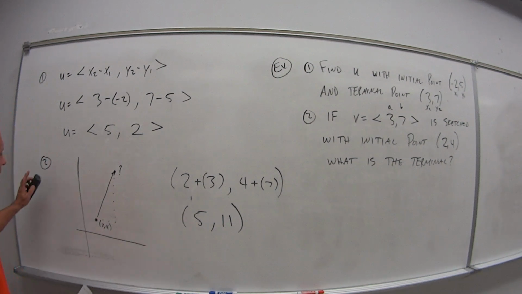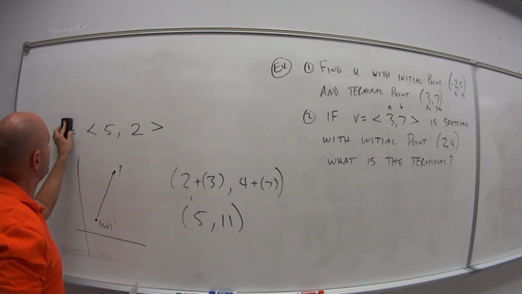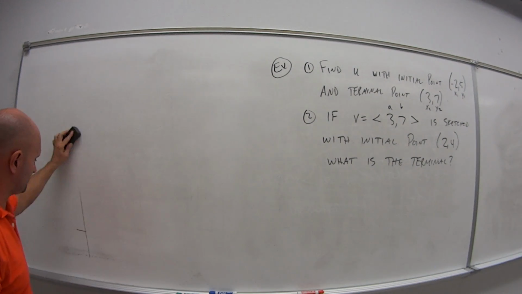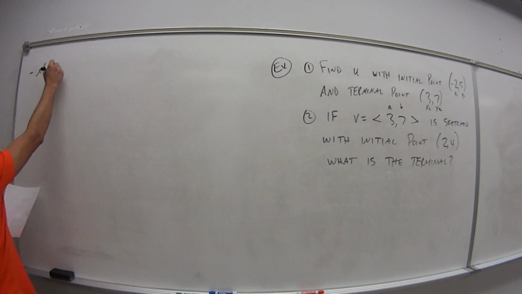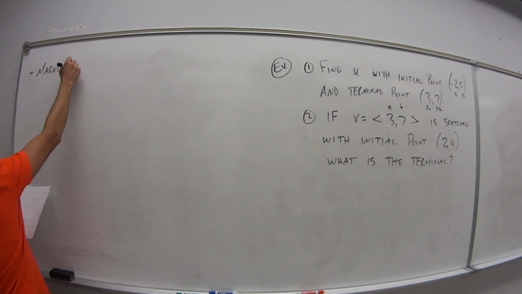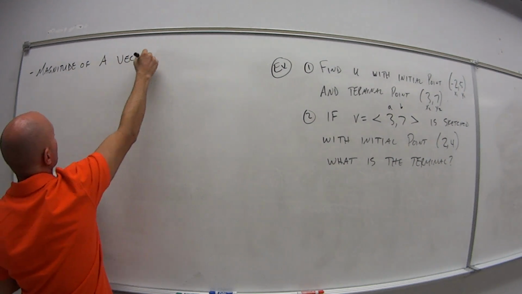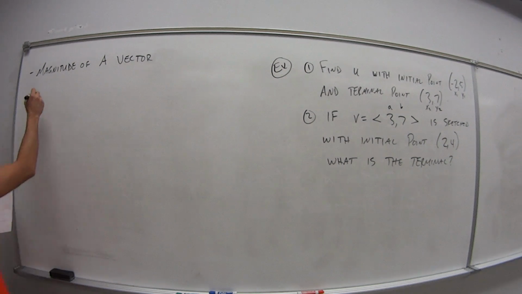All right, I'm going to erase this. If you need to catch up, go ahead and pause it. The last idea we're going to look at here for video 1 has to do with the magnitude of a vector. I sort of alluded to this at the very start of this video, and it represents the length of a vector.